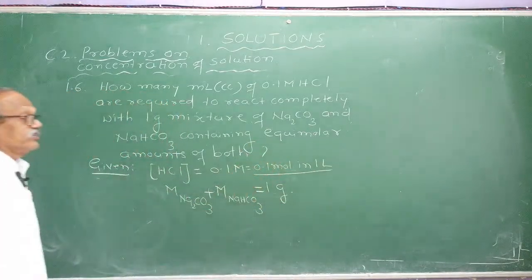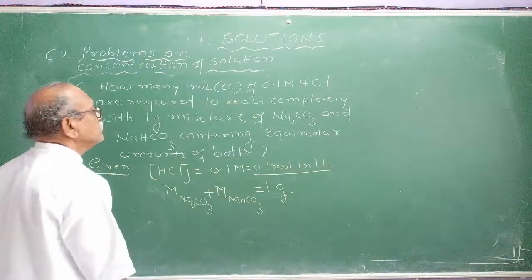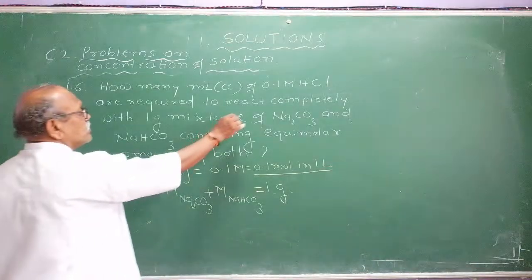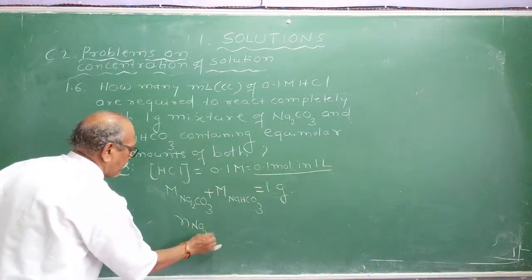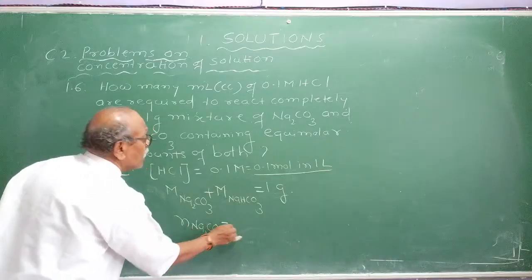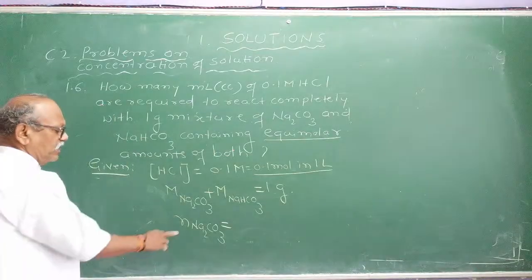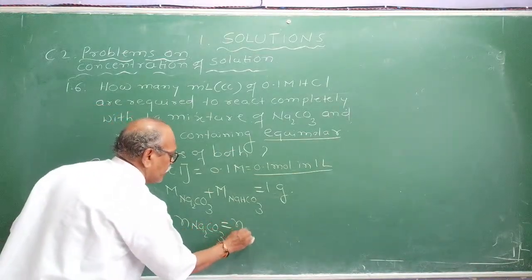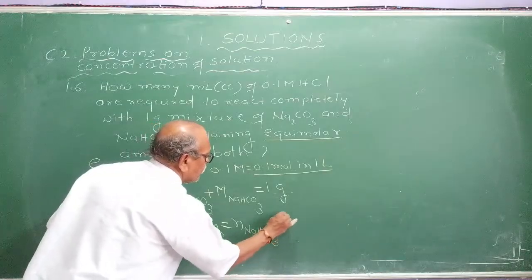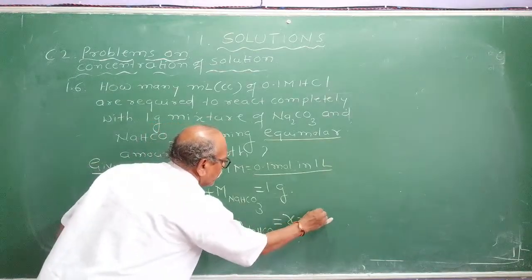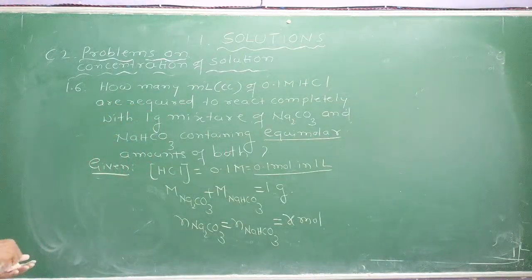See the interesting thing. And the number of moles of both of them are the same. Number of moles of Na2CO3, equimolar. See the word. What is equimolar? Number of moles will be the same. Number of moles of sodium carbonate is equal to number of moles of NaHCO3. We don't know, let us call it X mole. Both of them are X mole. Equal. We don't know X, we have to find it out.